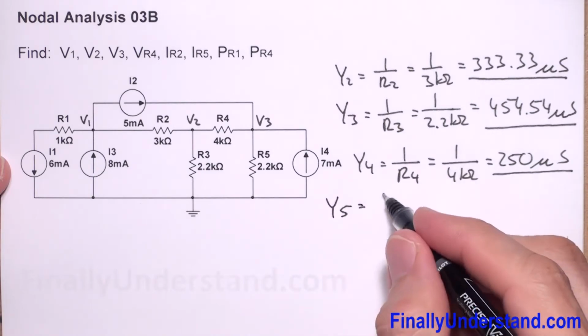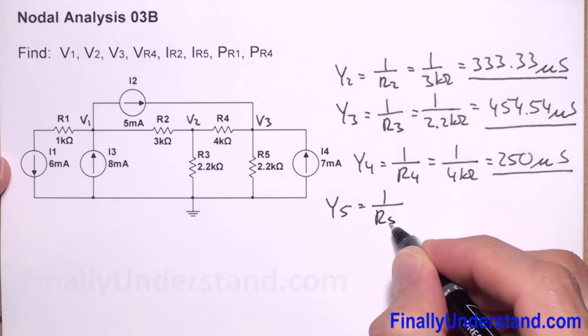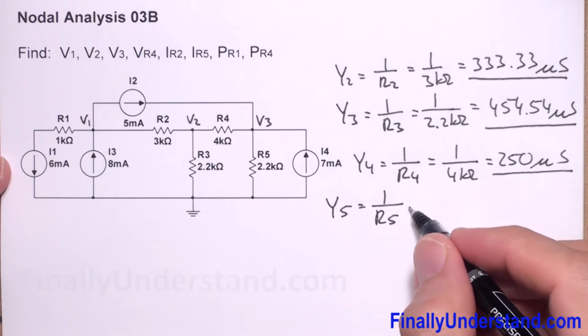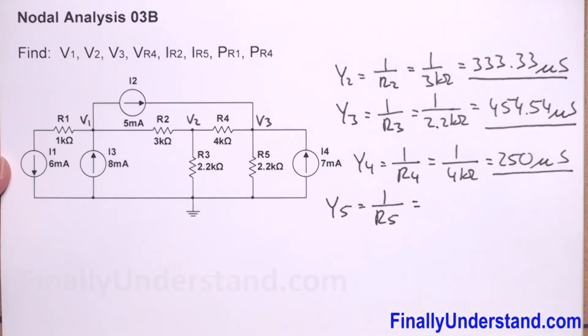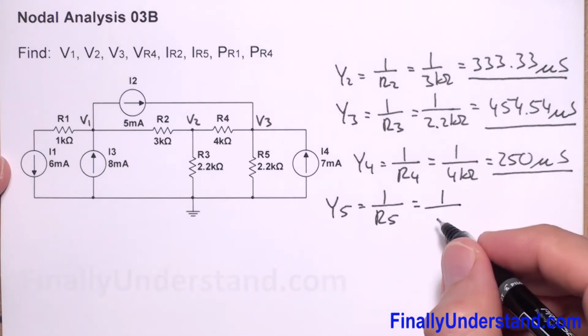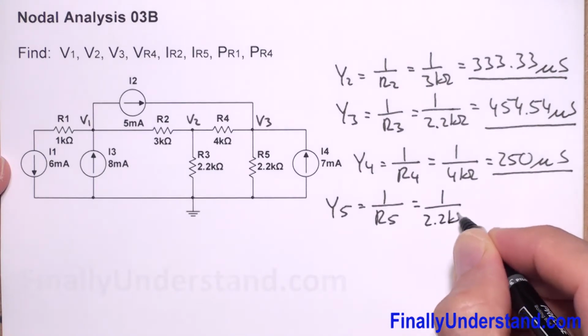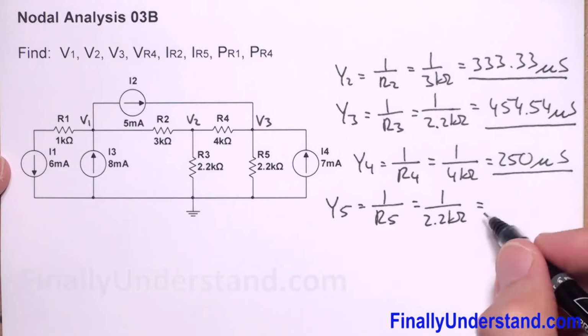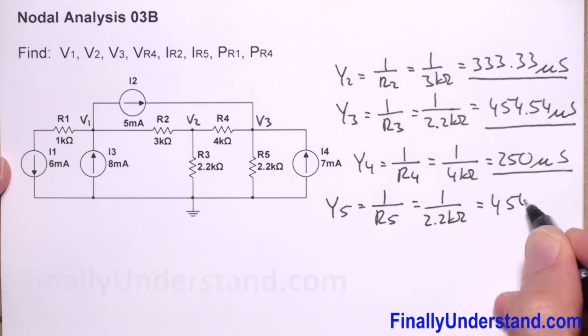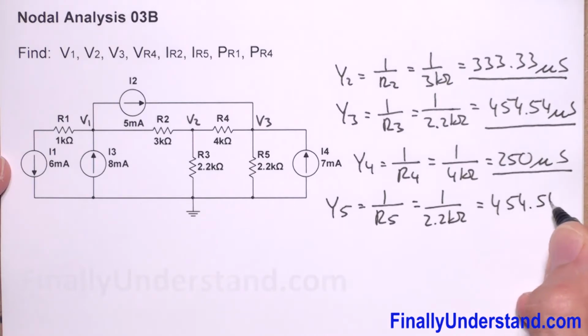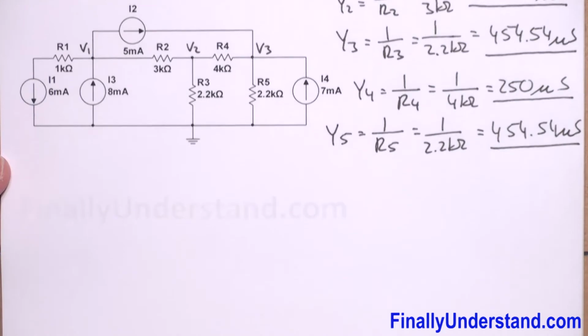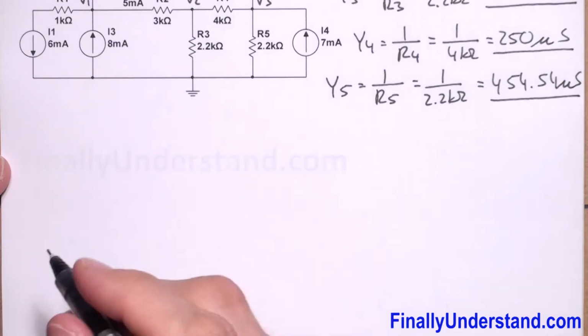Next, I'm supposed to find Y5. Y5 is equal to 1 over R5. This is equal to 1 divided by 2.2 kilohms, and we found already that this is equal to 454.54 microsiemens. So this is one part of my solution.